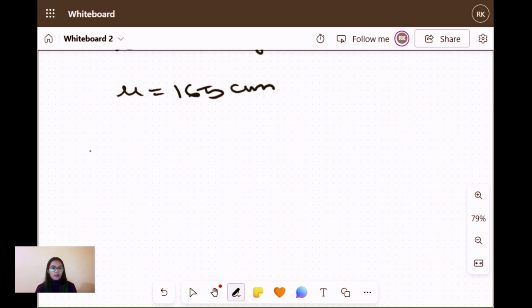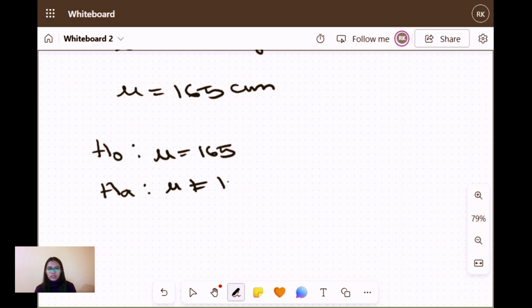So what will be our null hypothesis? As we all know, the null hypothesis is denoted by H naught, and it always indicates that our claim value equals the unknown parameter mu. So mu equals 165 is H naught, and the alternative will be mu not equal to 165.